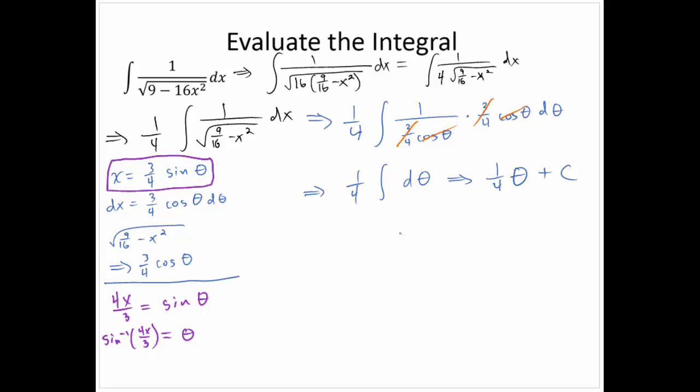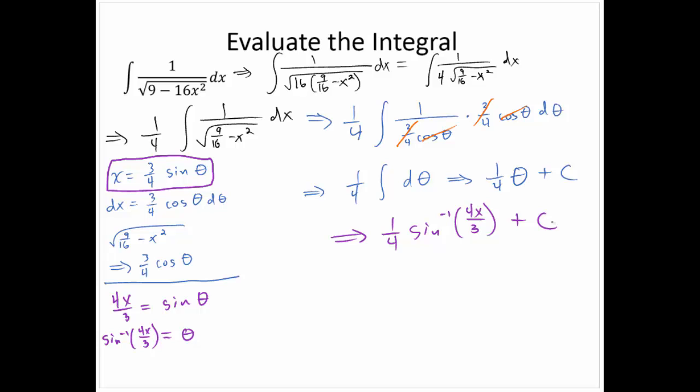And so then the integral becomes 1/4 sine inverse of 4x over 3 plus a constant. So this integral ended up just being a sine inverse.